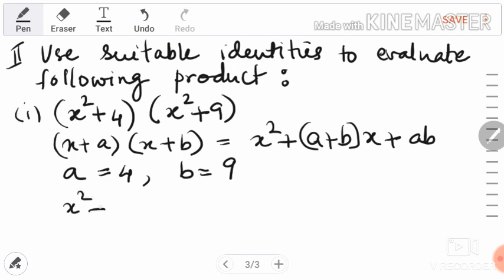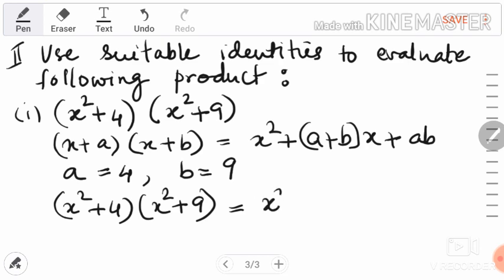So (x² + 4)(x² + 9) is equal to (x²)². Do not get confused over here. The first term in the identity is x, so x times x becomes x².